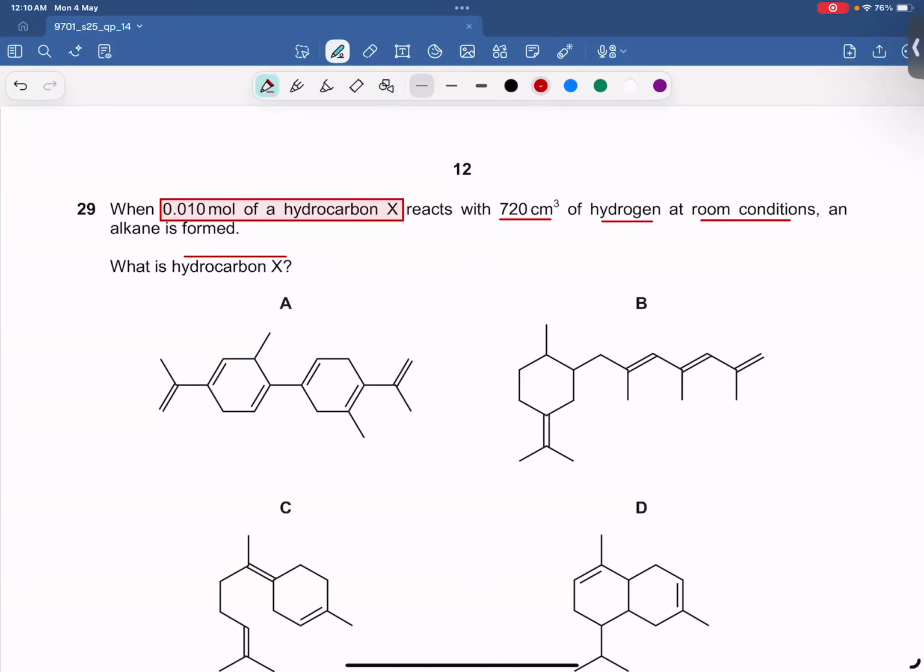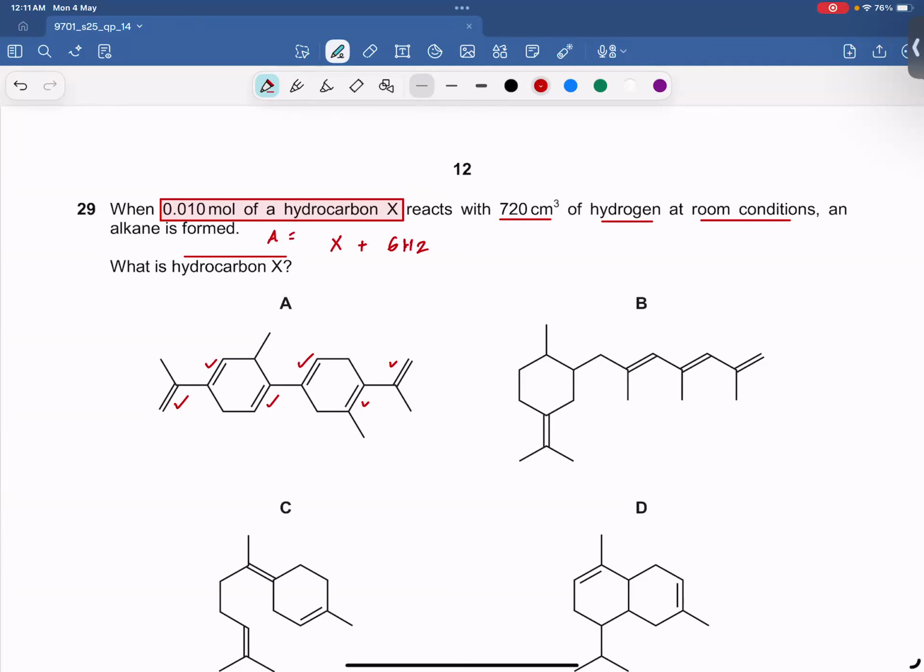First of all, let's count the total number of bonds. 1, 2, 3, 4, 5. Oh, and this one is 6. So hydrocarbon X reacts with 6 moles of hydrogen gas.